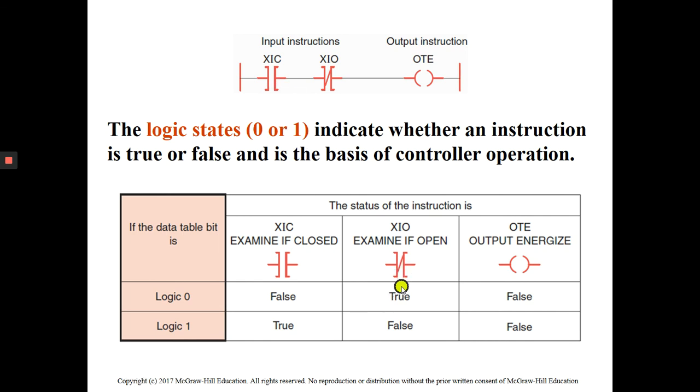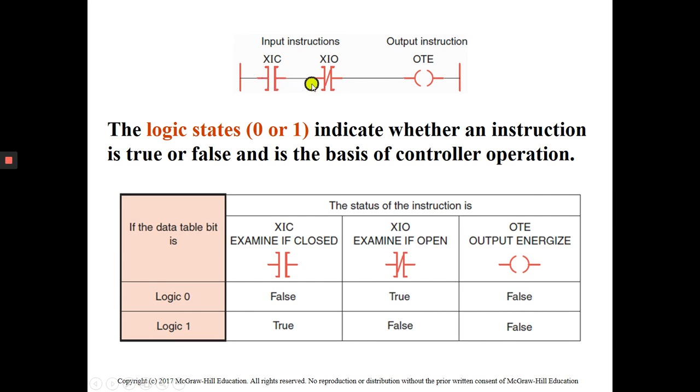But for the examine if open instruction, logic 0 will give you true, and logic 1 will give you false. Why? Because examine if open, no, it is closed, so it will give you 0. If it's open, it will give you false. The output here depends on the status. The output will be energized only if the first instruction is true and the second instruction is true.